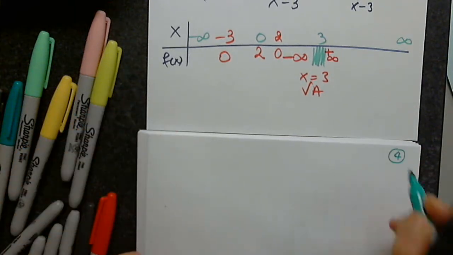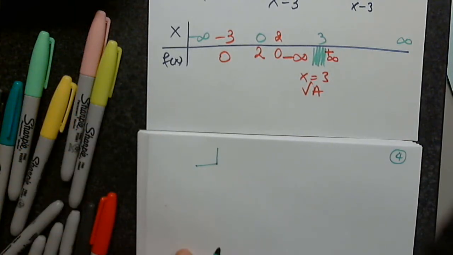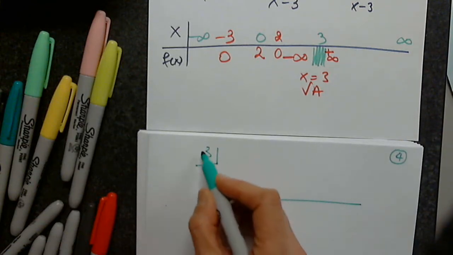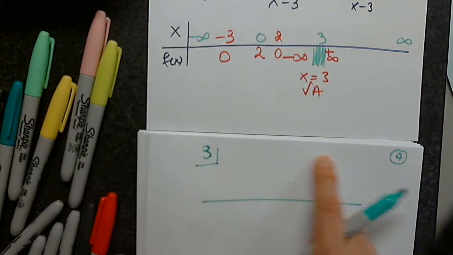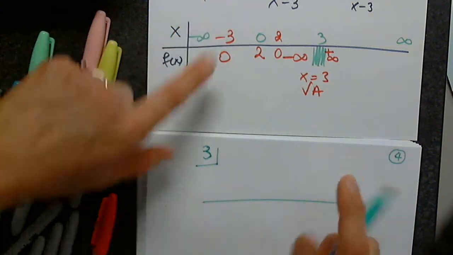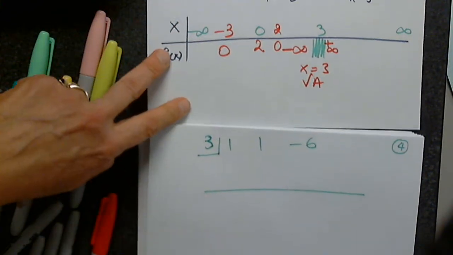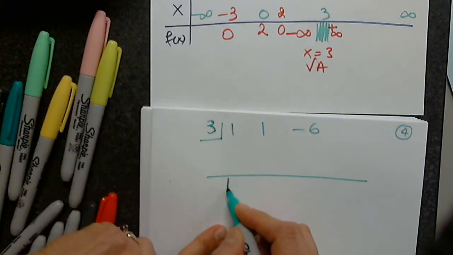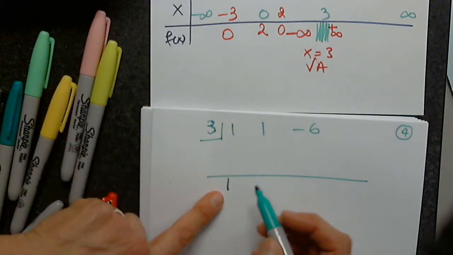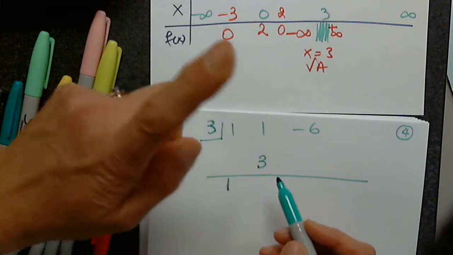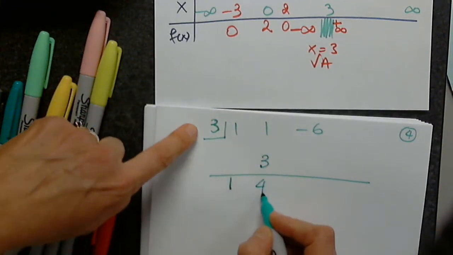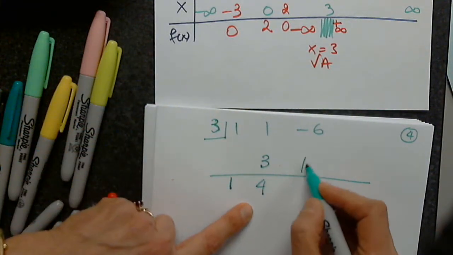So, what goes in the box if I use synthetic? Perfect. So now please tell me the coefficients for 1, yes. 1, yes? Very good. I copy 1. 3 times 1 is 3. I put it up here. 1 plus 3 is 4. 3 times 4 is 12.